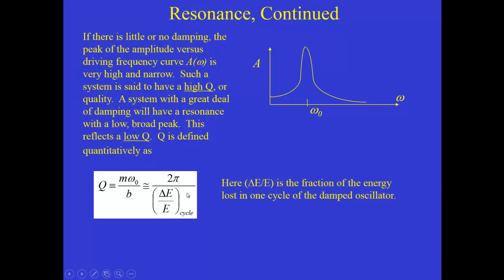So if the system has low energy loss because it's got low damping, then you have a very high quality system and a very sharp peak. If on the other hand you've got a large damping term, then you get a very low quality system.